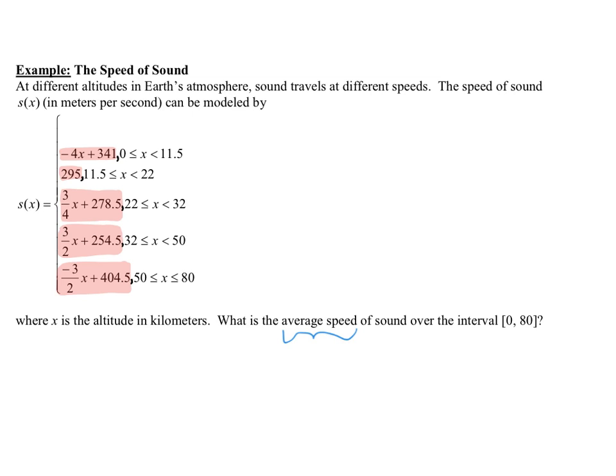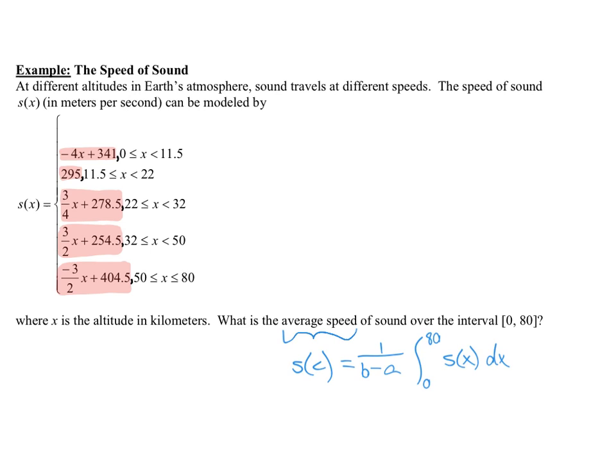This is going to be the average speed of sound. Let's just call that S of C. And that's going to equal 1 over b minus a times the integral from 0 to 80 of s of x dx.